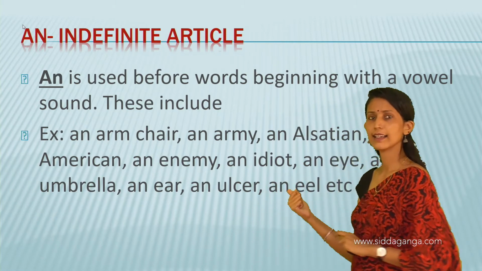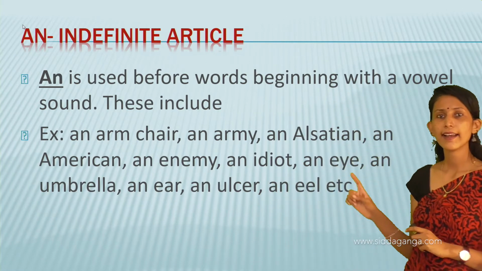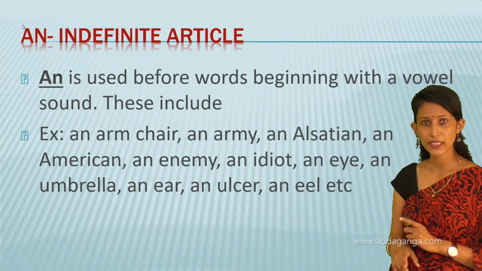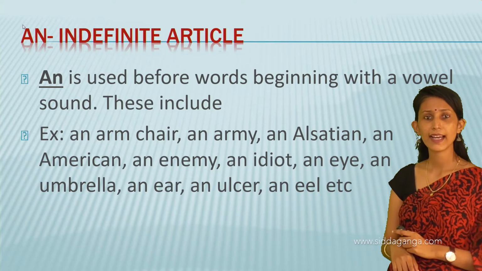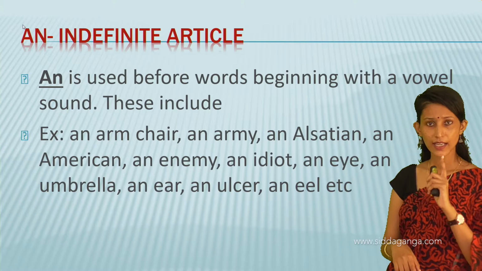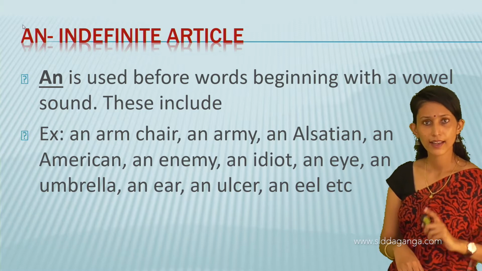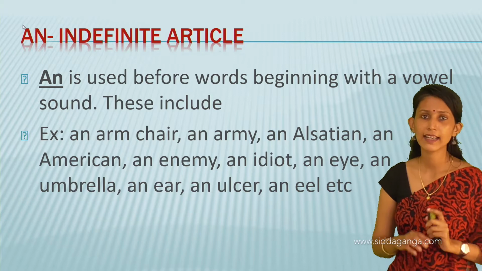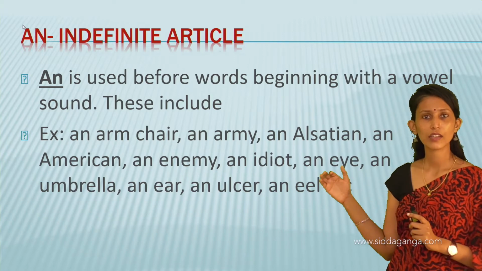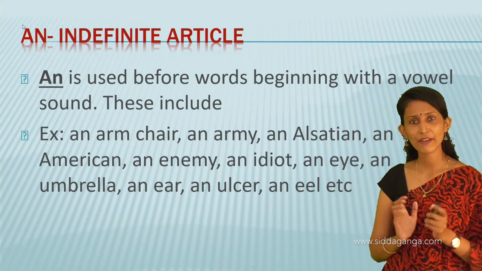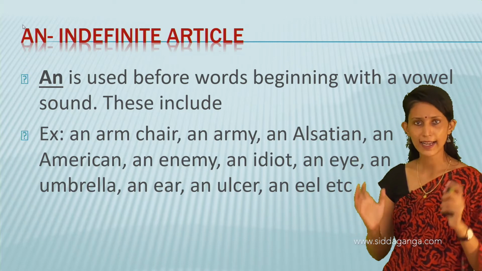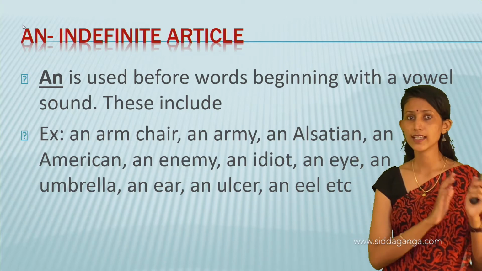Look at this example here: an armchair, an army, an Alsatian, an American, an enemy, an idiot, an eye, an umbrella, an ear, an ulcer, an eel, etc. Alright? So this is where you use the indefinite articles an and a.